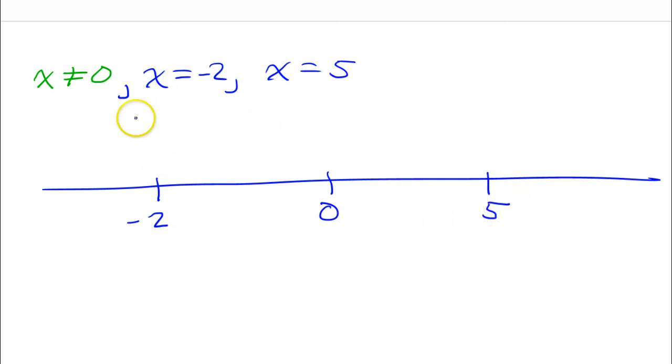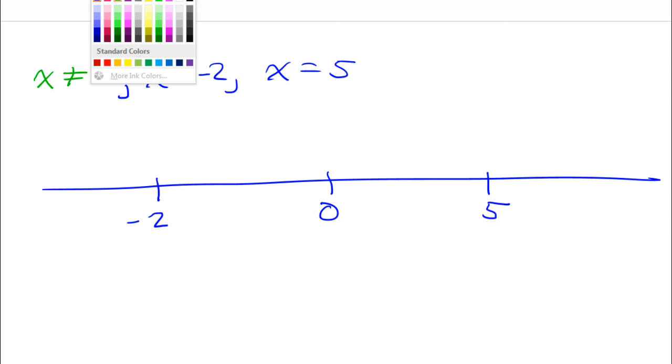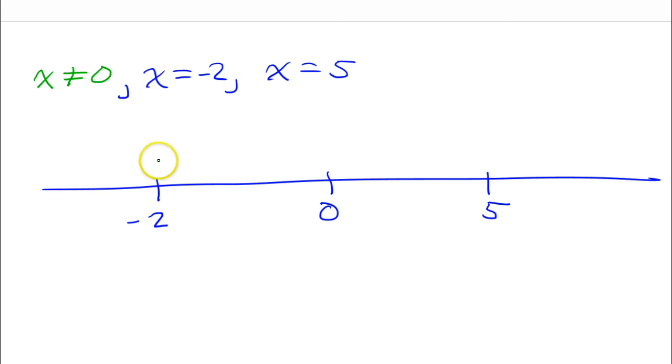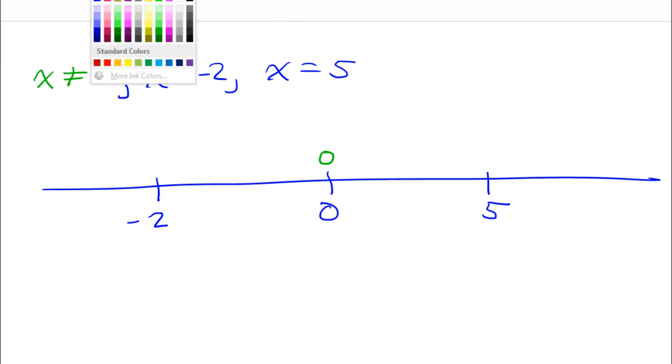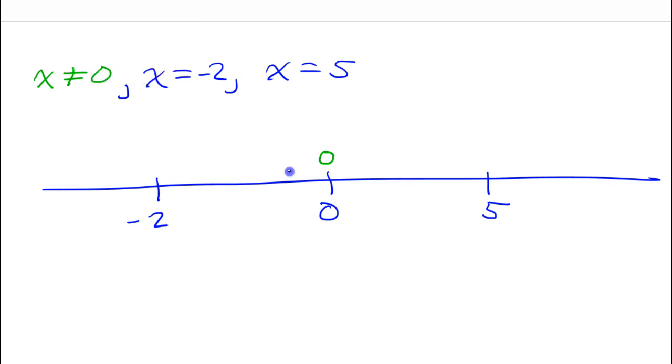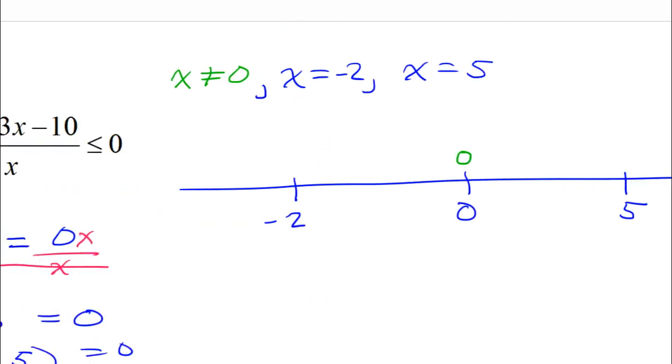Okay, so remember, excluded values are always open circles. So my excluded value is this 0, so that's going to be an open circle for sure. Now, the solutions will sometimes be open circles and sometimes be closed circles.